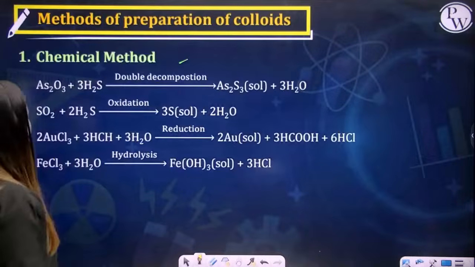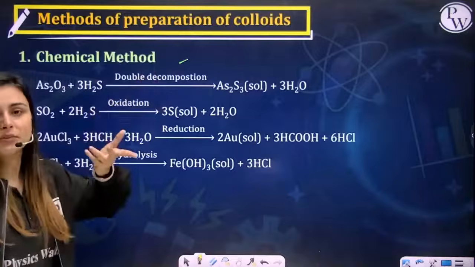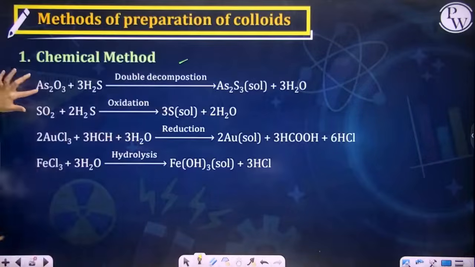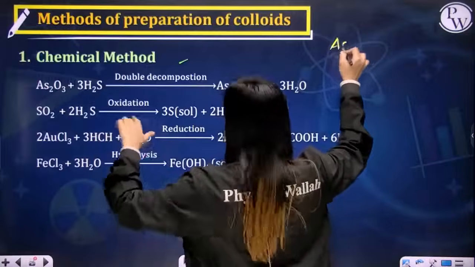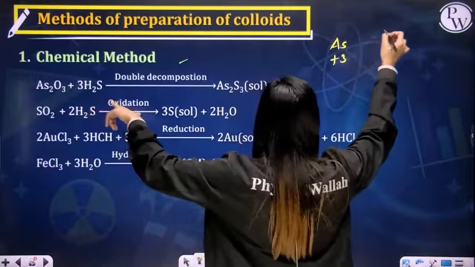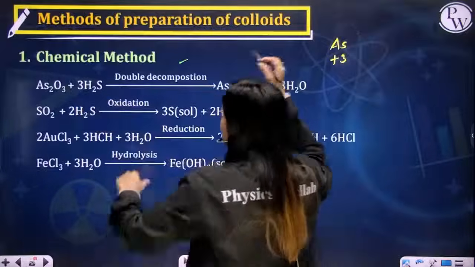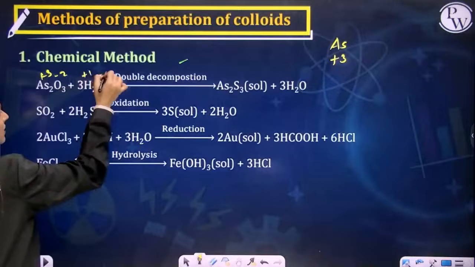The first reaction is a double displacement reaction, so displacement will occur. You have arsenic here, you have oxygen here. Arsenic's charge is +3 and oxygen is -2, this is +1, and this is -2.